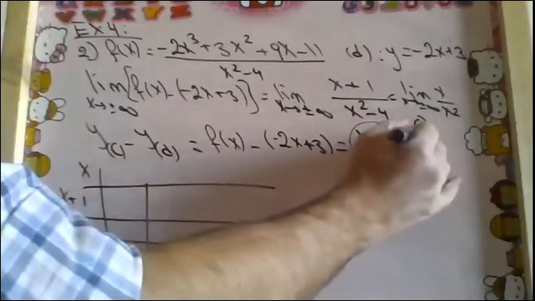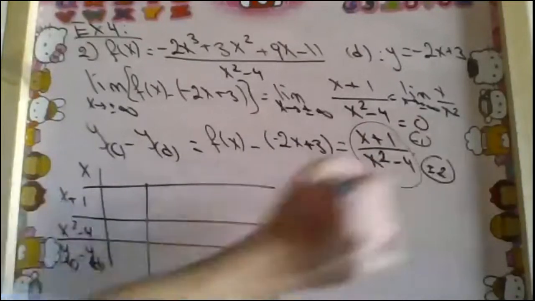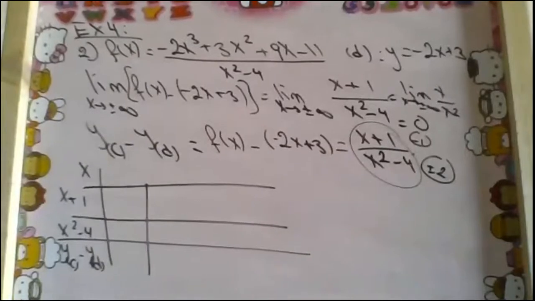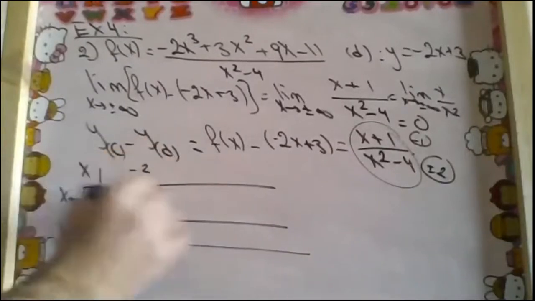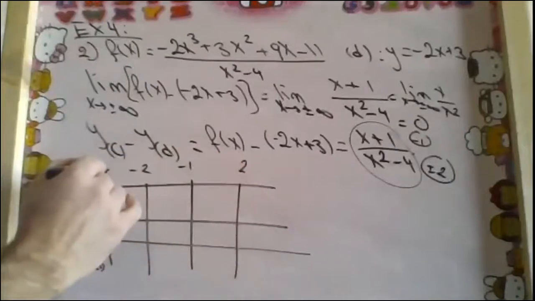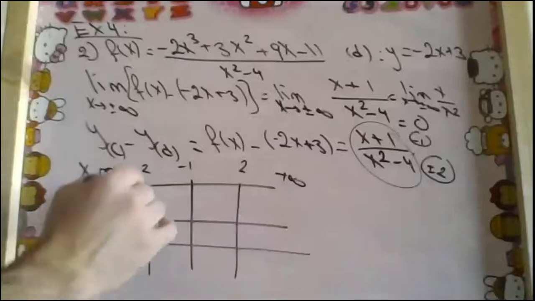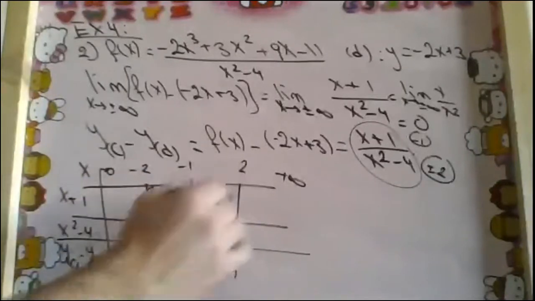The root here is negative 1, and the roots here are positive and negative 2. So negative 2, negative 1, and 2, from negative infinity to positive infinity. The denominator can't be 0, so you have to shade this part.